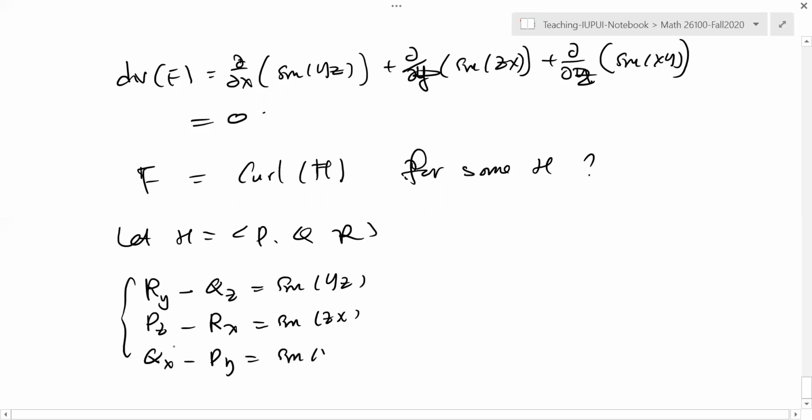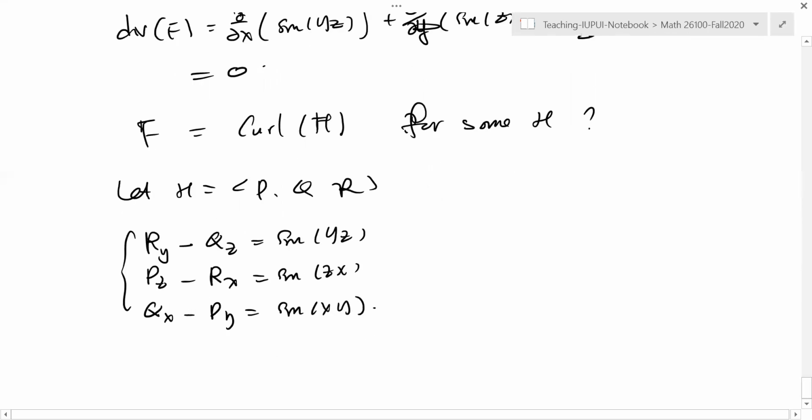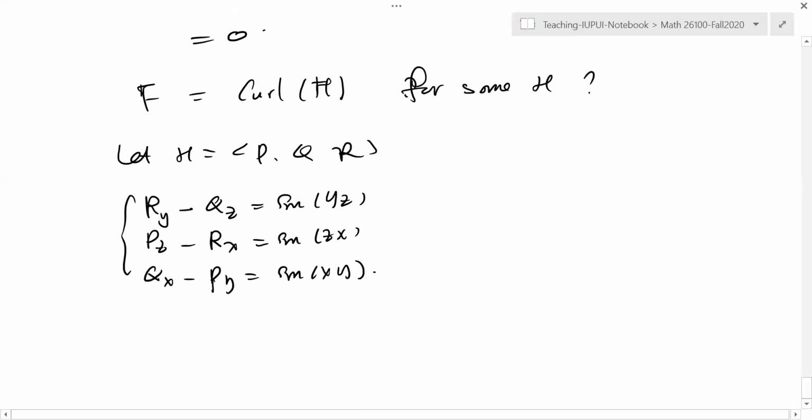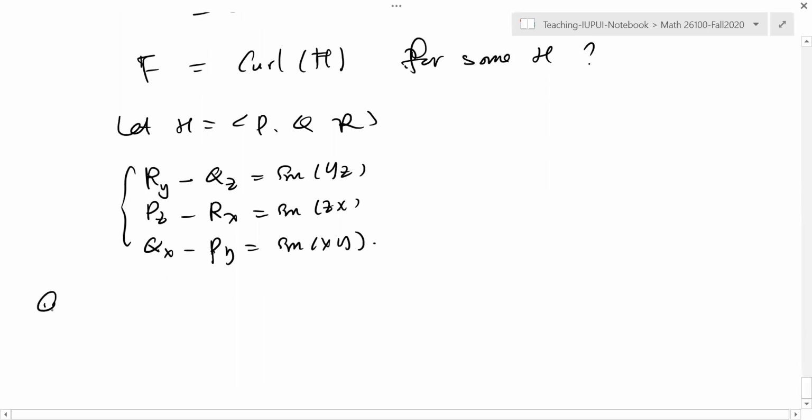The last component. Now how do we get p, q, r? You cannot simply express it. It's not easy. We can try, but I don't know how to do it. So not every partial differential equation can be solved.